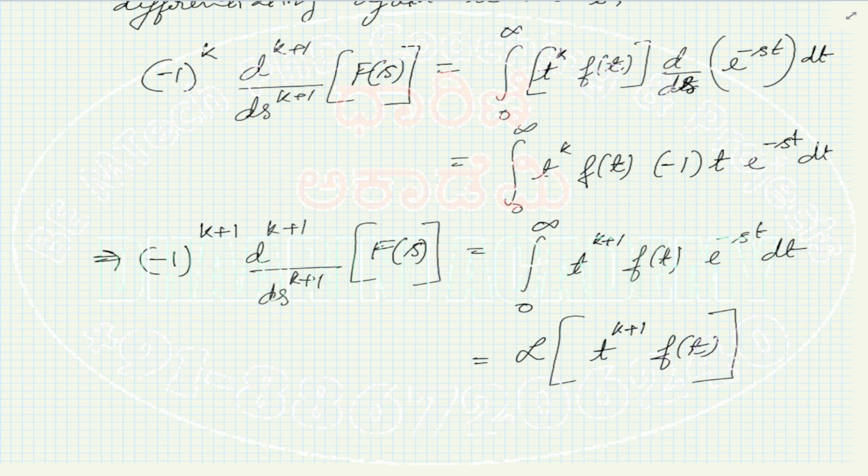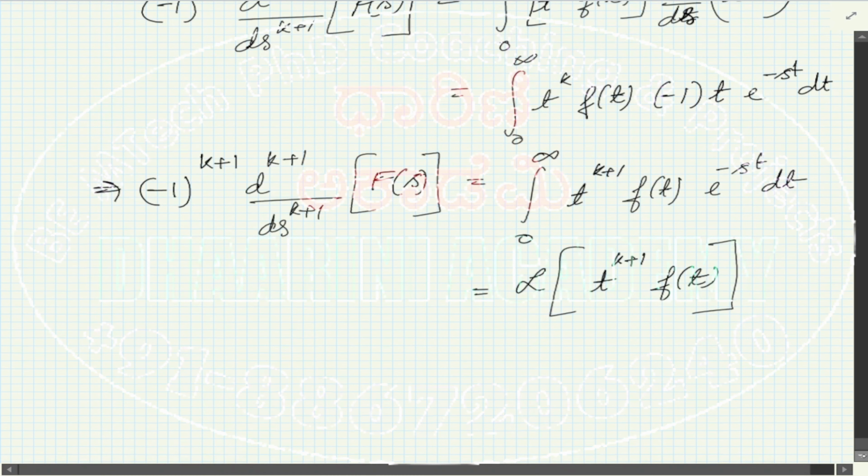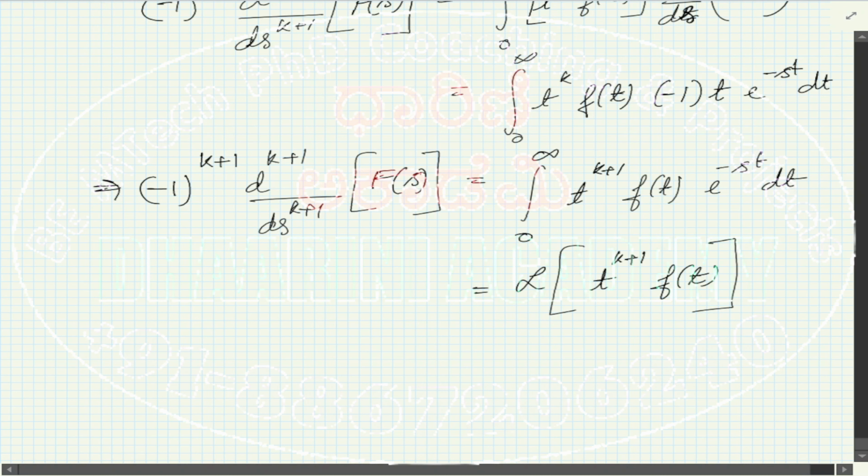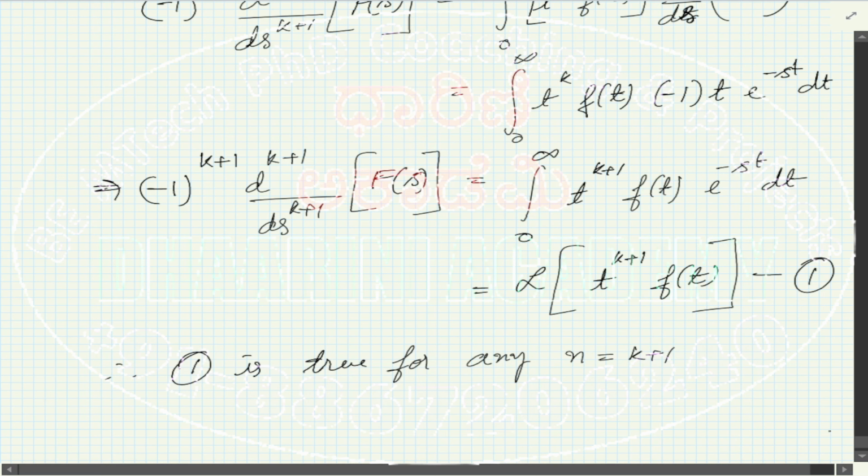Okay, now the given equation is true for any value k, I can say that this is true for any value n is equal to k plus 1. So any k you take plus 1 will be satisfying this. So therefore I can call this equation 1. 1 is true for any n equals to k plus 1.